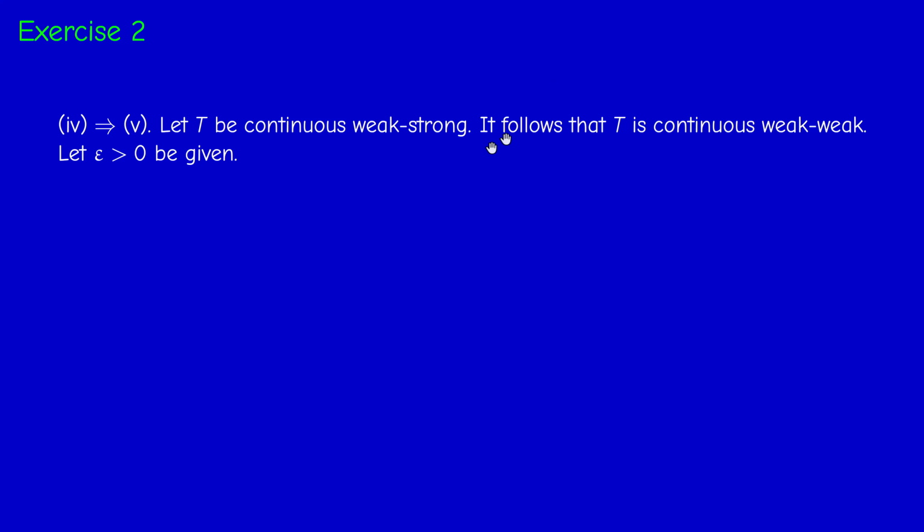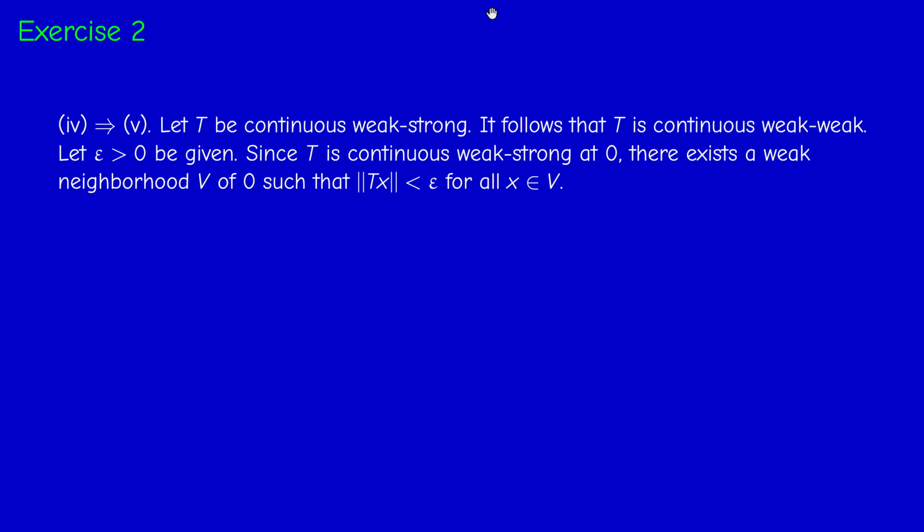So the point here is now to prove that the image of T, or T of E, is finite dimensional. Okay, so take a positive number epsilon, and we just write the condition of continuity weak strong at 0. So what does it mean that T is continuous weak strong at 0?